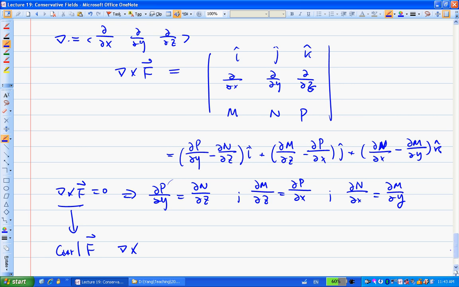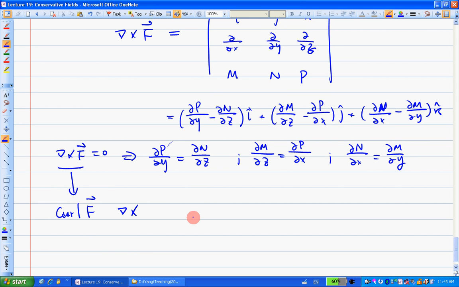You can very easily prove that del cross del f equals 0. Why is that? According to the theorem, when you have del f, that has to give you a so-called conservative field.